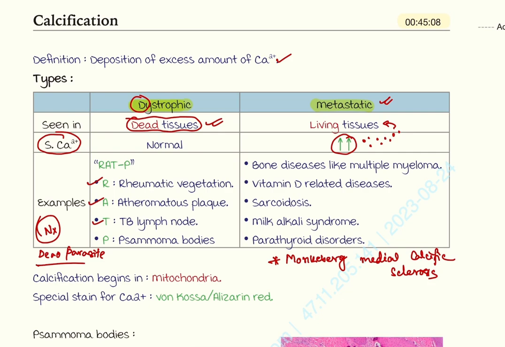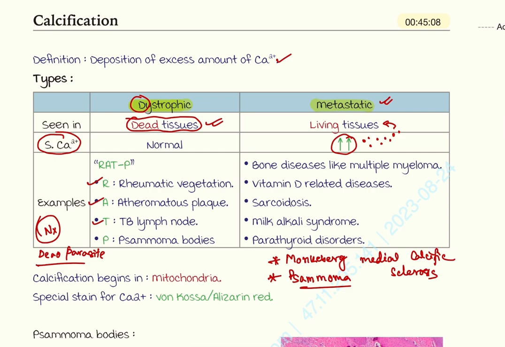Next is your psammoma bodies, where you will also see these are psammoma bodies. So you will be seeing basically foci of dystrophic calcifications, and psammoma bodies are seen in many conditions like papillary thyroid carcinoma, papillary renal cell carcinoma, serous cystadenocarcinoma of ovary, and you have prolactinoma, meningioma, many conditions are there.